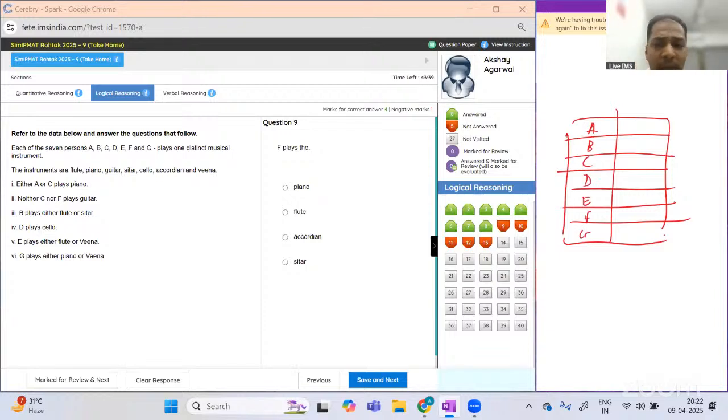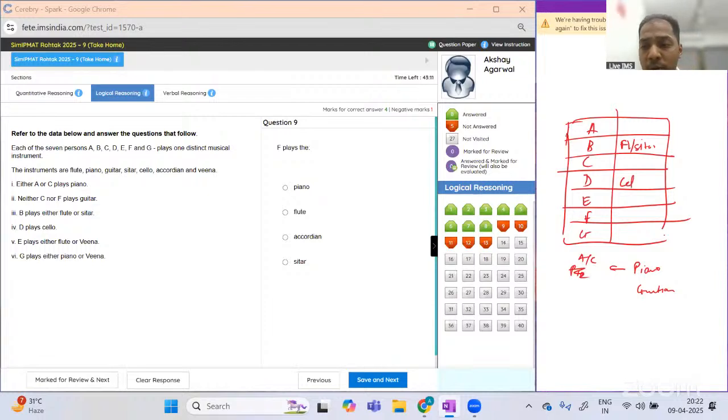Either A or C plays piano. So no one else can play piano. Piano can be A or C only. Further, neither C nor F plays guitar. So guitar would not be F nor C. B plays either flute or sitar.